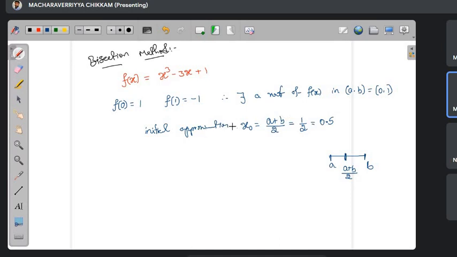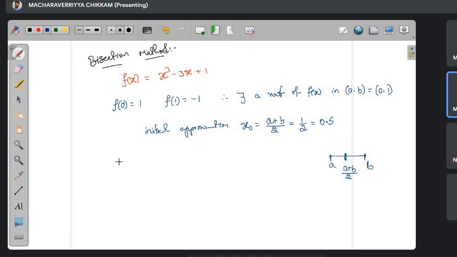That may not be the exact root. When you substitute this 0.5, the value may be close to 0. That's all I can say here. Now I want to make it more accurate. If you want to make it more accurate, you reduce the error. How do you find the error actually?